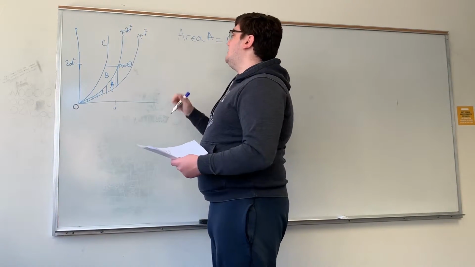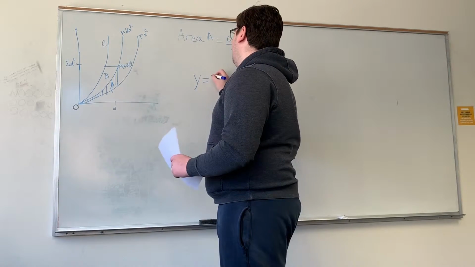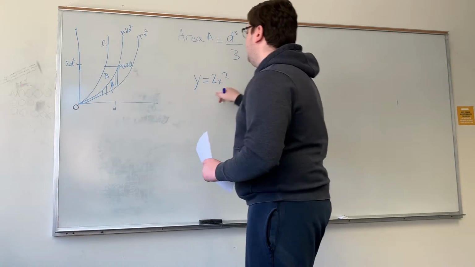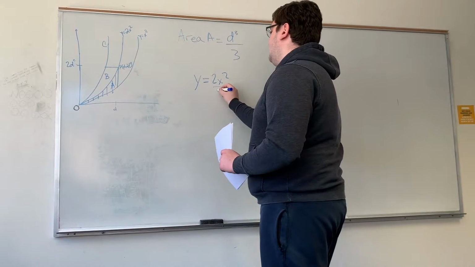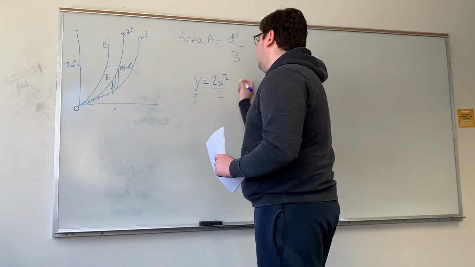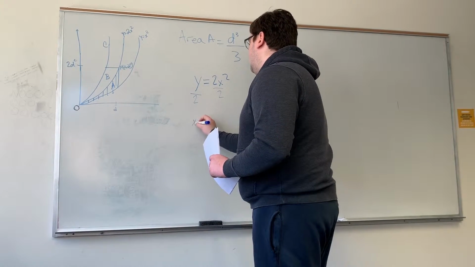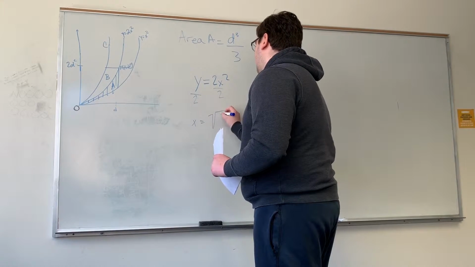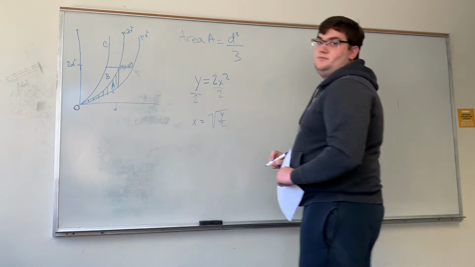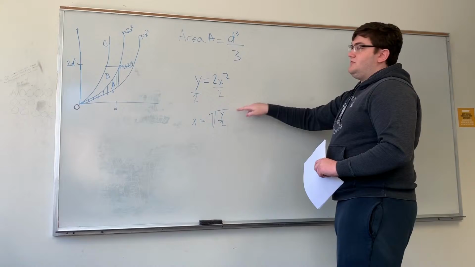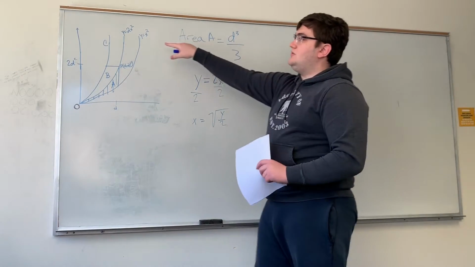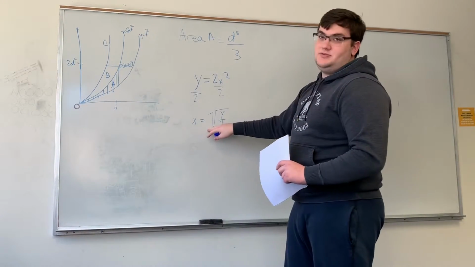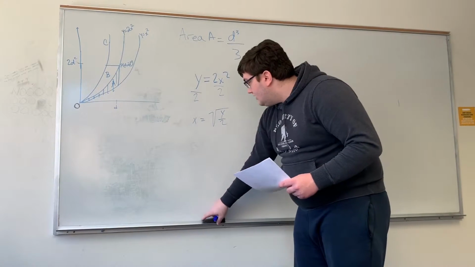So if we look at the curve y equals 2x squared, we just simply isolate x. Divide by 2, take the square root of it. So x equals the square root of y over 2. So this is the new function we're going to use for the area of region B. For y equals 2x squared, we're changing that to x equals the square root of y over 2.